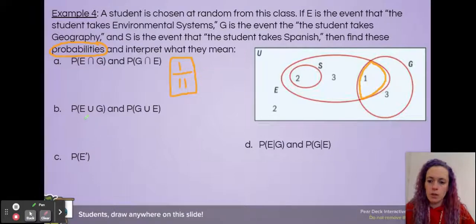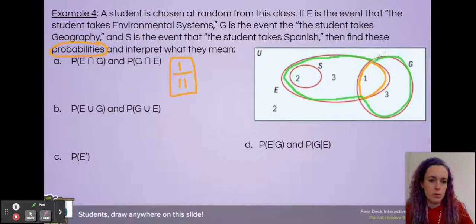Letter B, we're looking at the probability of E or G and G or E. So again, it's going to be the same thing, which is why they're lumping them together, but we're looking at the probability that they took environmental systems or geography. So that means I'm looking at E or G, so both of these circles together.